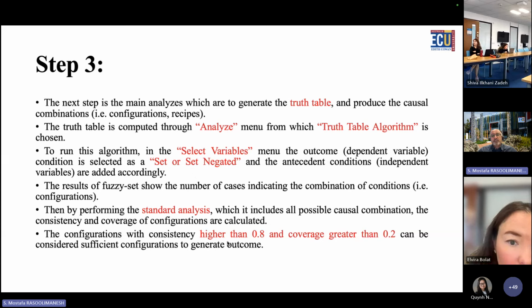Then the software will give you the values of coverage and consistency for different configurations, and by comparing to the 0.8 and 0.2 thresholds, you can see which combination is sufficient to create the outcome.